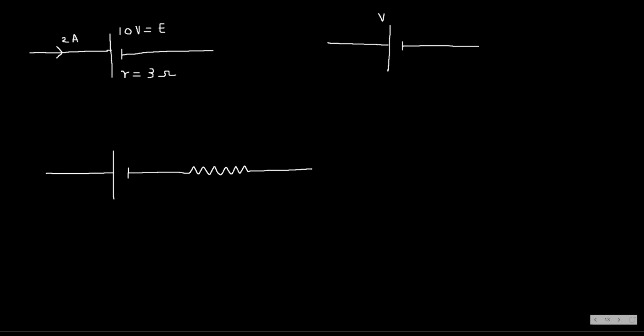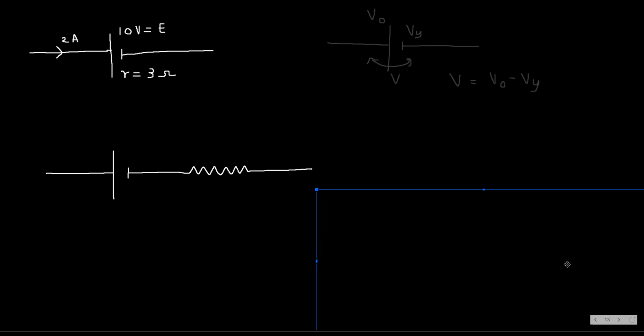This is the voltage of the older one and this is the younger one. So the voltage difference is always capital V equal to older minus younger. Is it clear for you? Clear, sir. Okay. You should remember this, otherwise you will not get this idea.